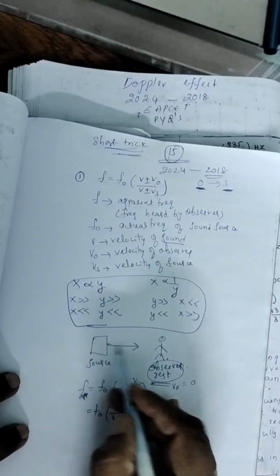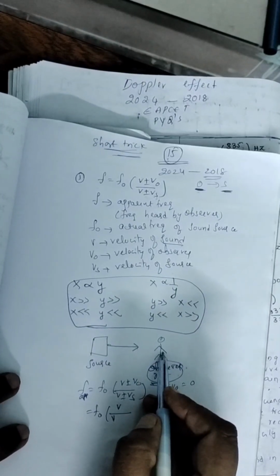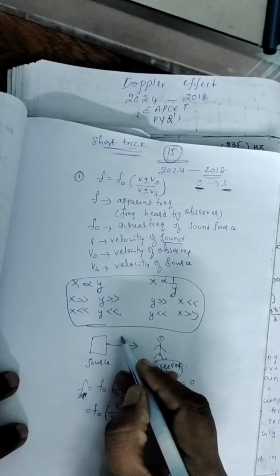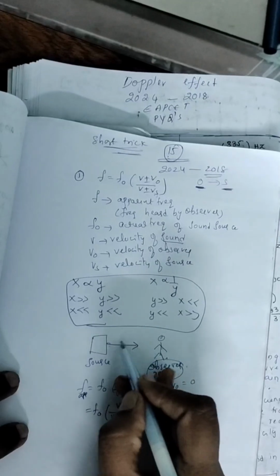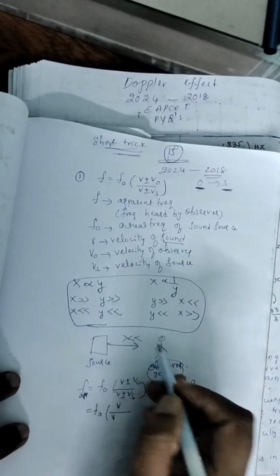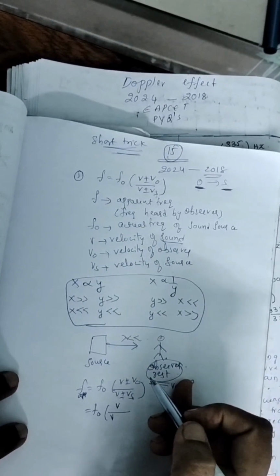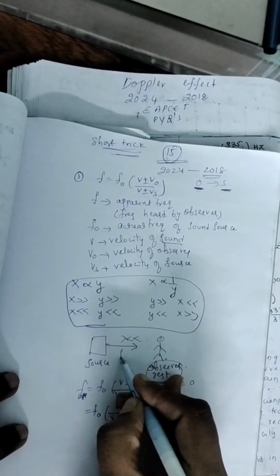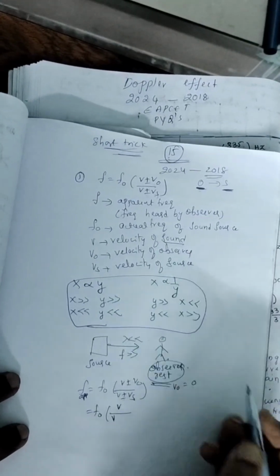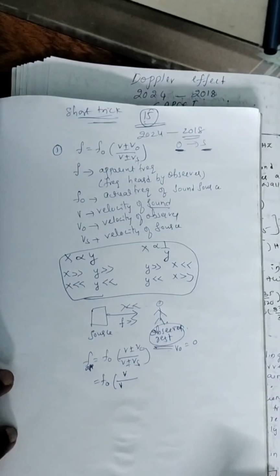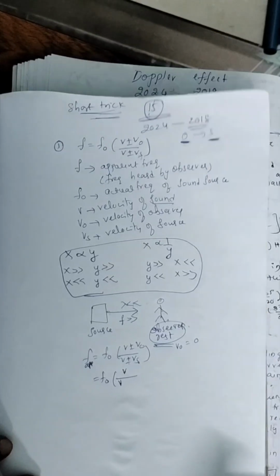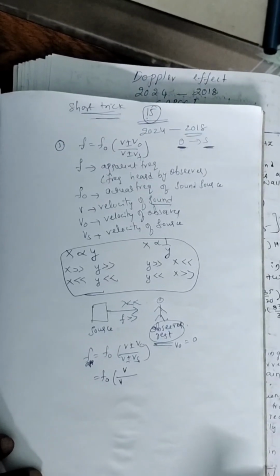Now the source is coming towards the observer, which means the wavelength between the source and observer is decreasing. Wavelength decreasing means frequency is increasing.